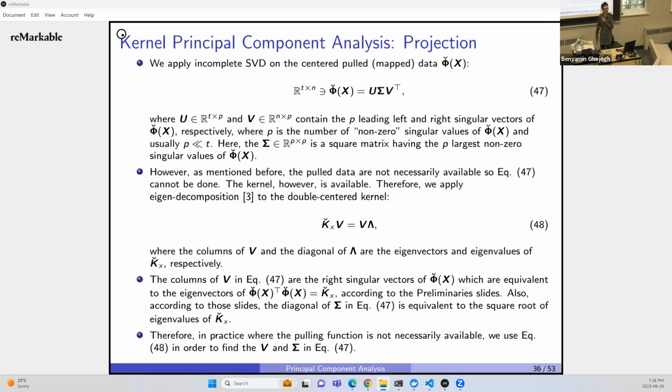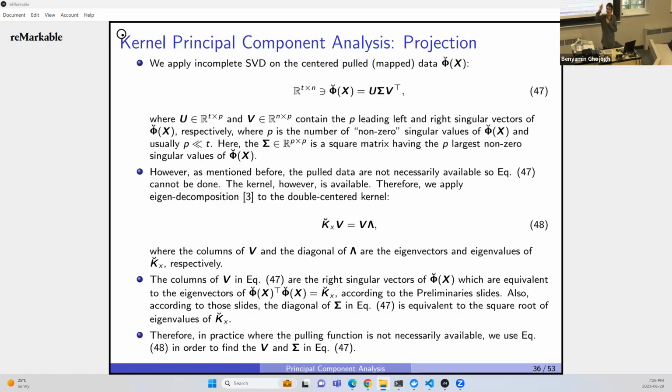What did we do in PCA using SVD? We applied SVD on X hat, the centered data: X hat is U Sigma V transpose.